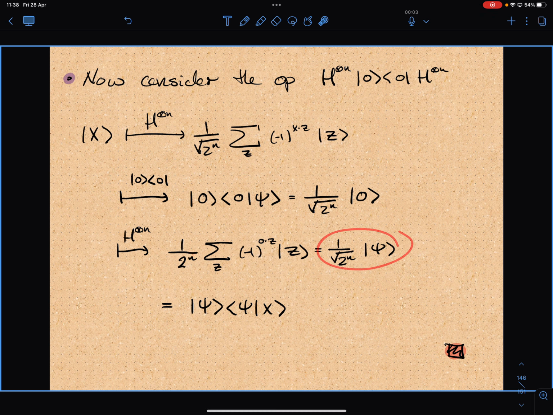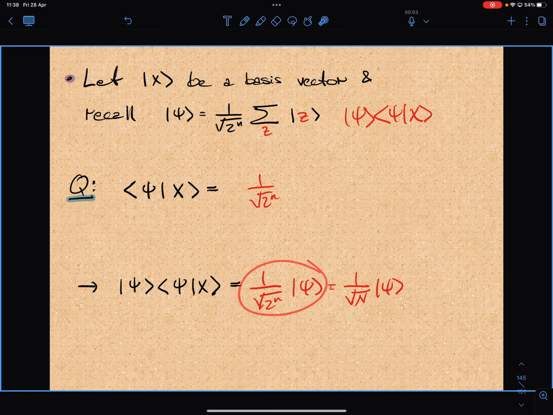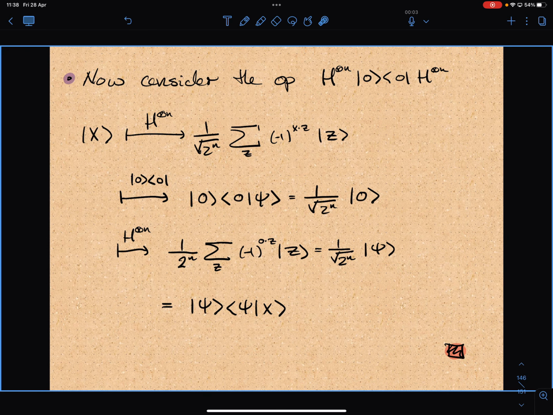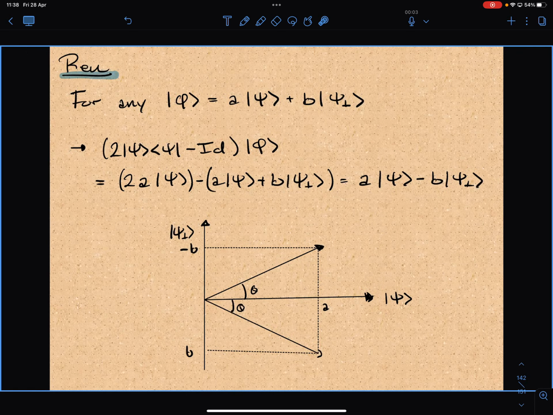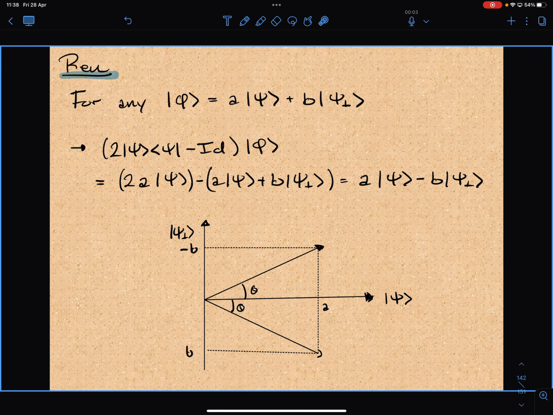So I get that it's equal to 1 over square root of 2 to the n times psi, which is the same thing that I had here. So we see that it's the same action on every basis vector, so the operators have to be the same. This proves our claim that this part of the circuit is equal to this. And the important part about this is that we can interpret this part of the circuit as a reflection over this psi vector.